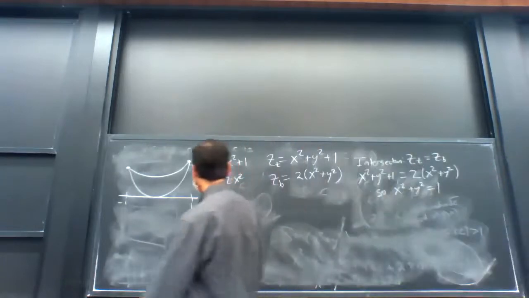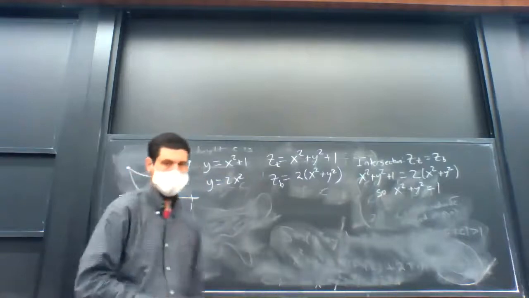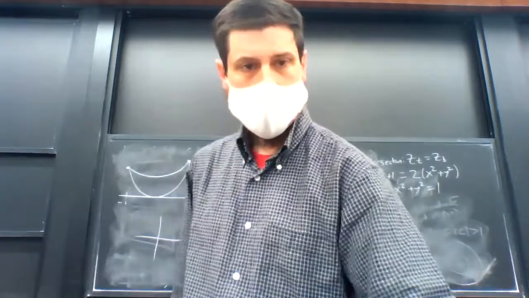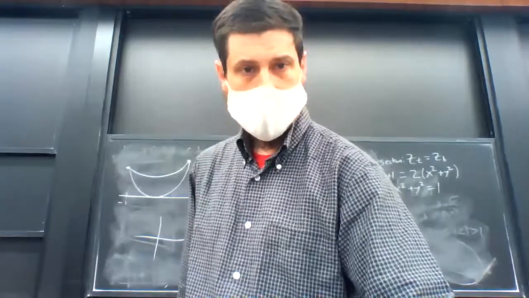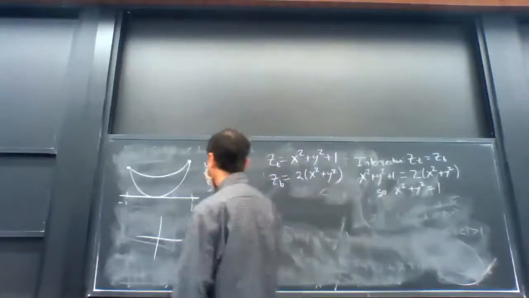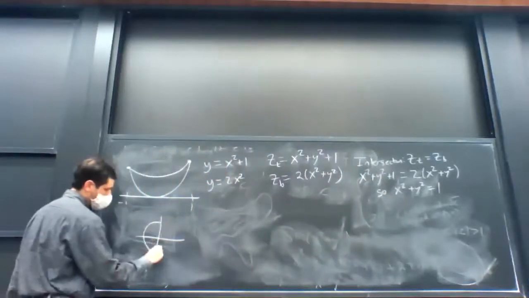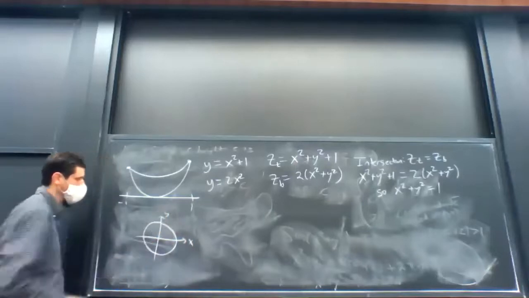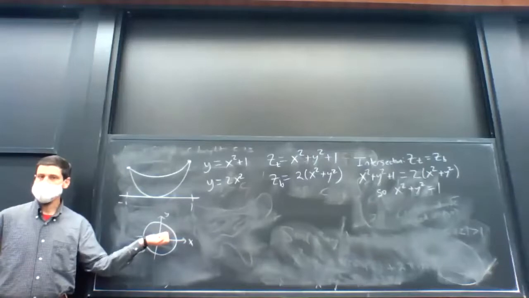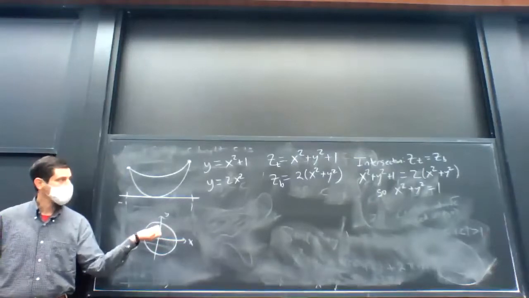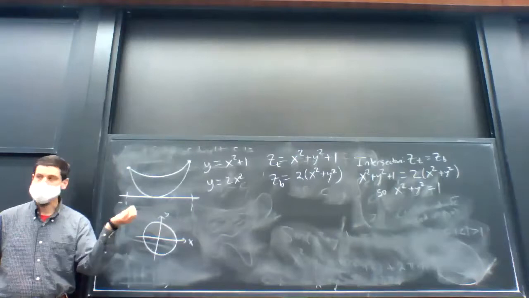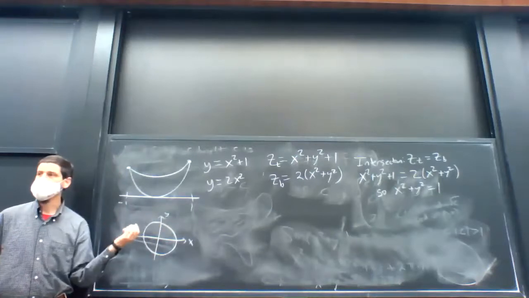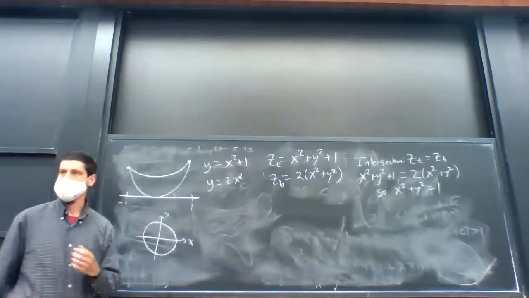And so what I can do is view the circle in the xy plane, and then above each point on the circle, I start at z bottom and continue until I get to z top. And if I integrate that over the entire circle, that will give me the total volume.